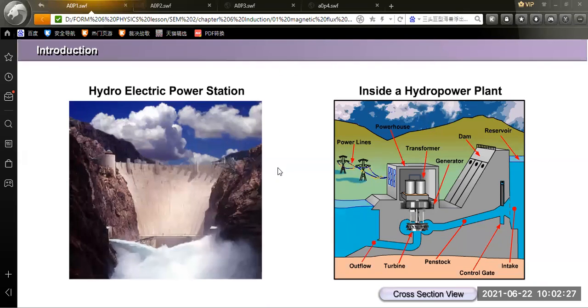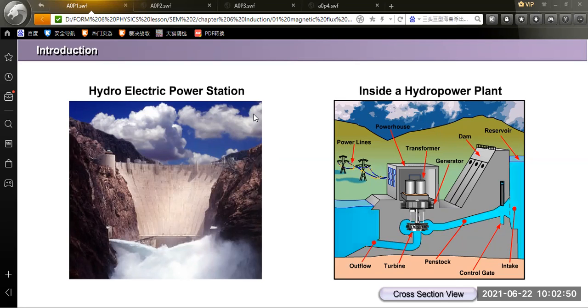The left diagram shows a photo of a big dam. The dam is used to generate electricity by using the flow of the water. So this means it's a hydroelectric power station.